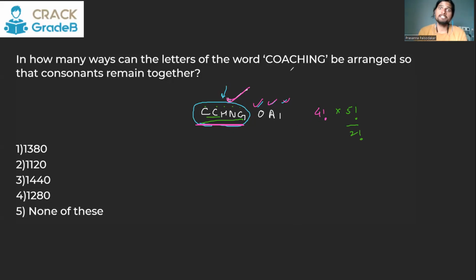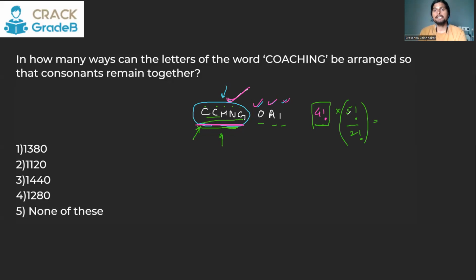For all such questions where some units are together, we have to tie them with a rope virtually. We treat them as a single unit and the others as separate units. The total units are 4, so 4 factorial ways you can arrange these 4. But within the row, these 5 can be arranged in 5 factorial upon 2 factorial ways. So that is what the answer is going to be.